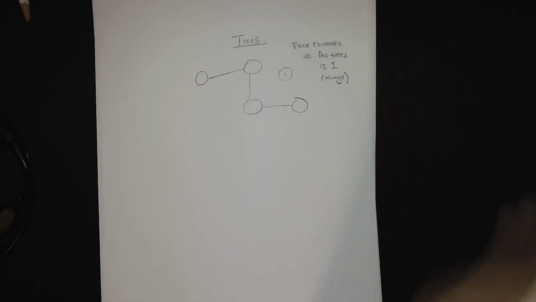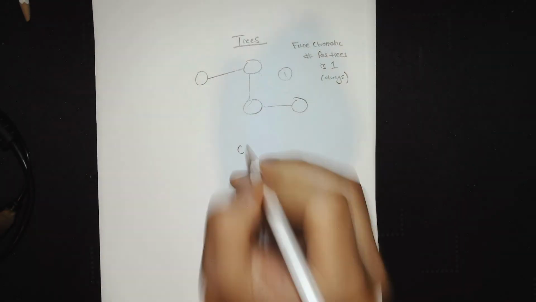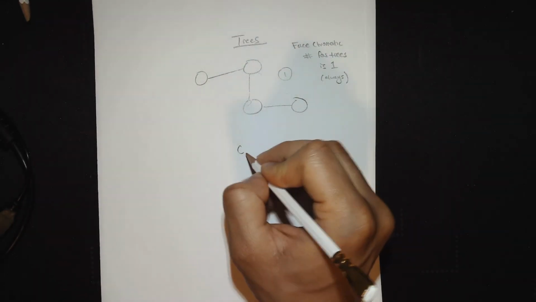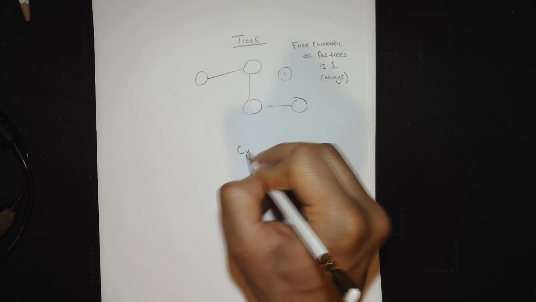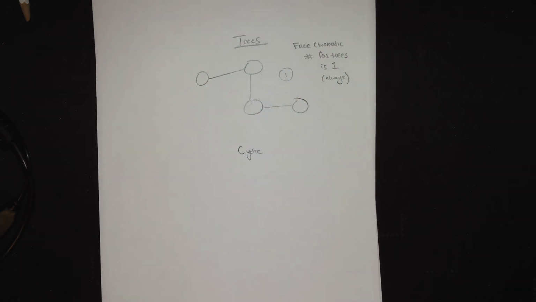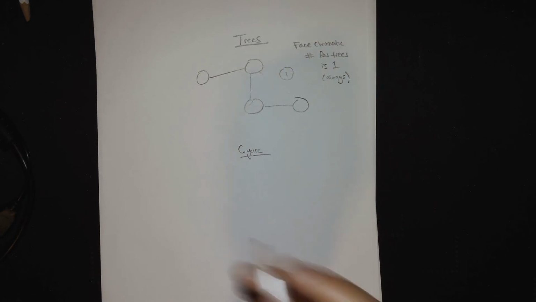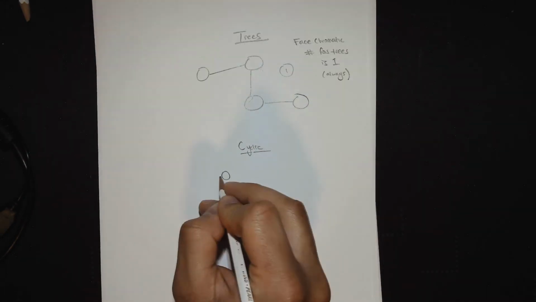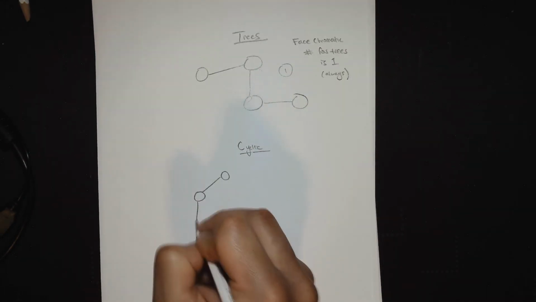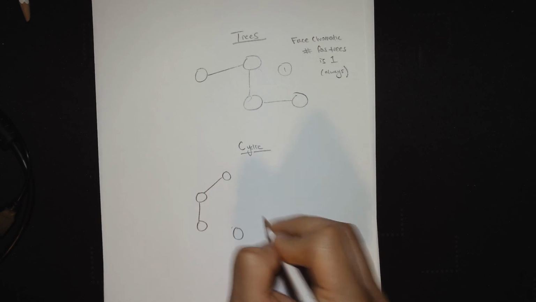Okay? All right, and then another graph family for which the face chromatic number is pretty easy to compute are cyclic graphs. We talked about these before in both the vertex and edge coloring videos that we did. Cyclic graphs are graphs whose edges lie around a circle.